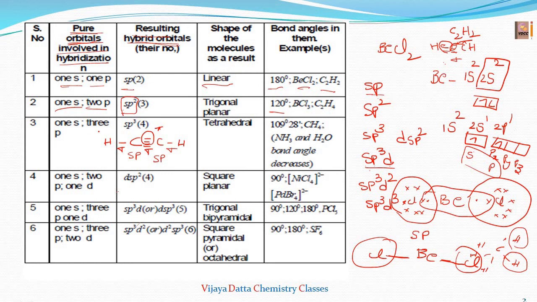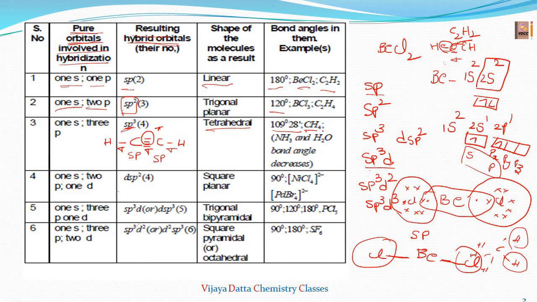Next, one s orbital and three p orbitals are involved, that is sp3 hybridization. The shape of the molecule is tetrahedral, and also here NH3 and H2O have the same hybridization but their bond angles are different. Again, that we'll discuss in the valence shell electron pair repulsion theory. Actually this is the main drawback of hybridization, because if they have the same hybridization they should have the same bond angle and same shape.